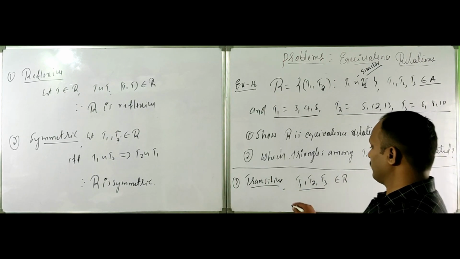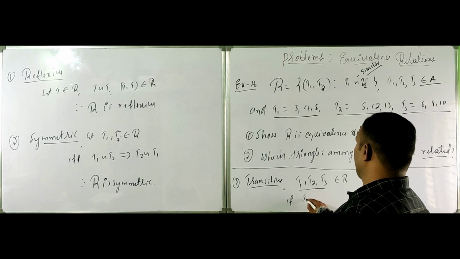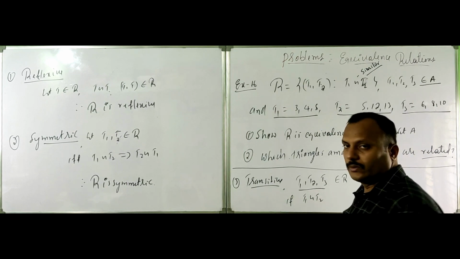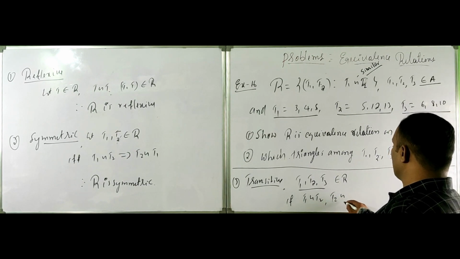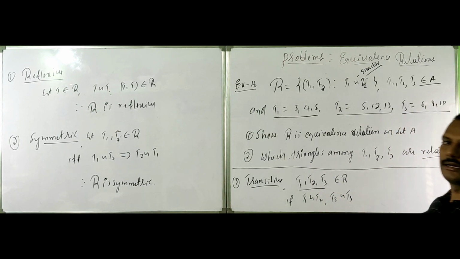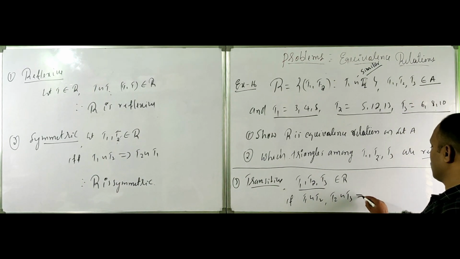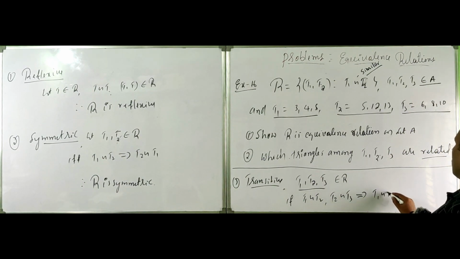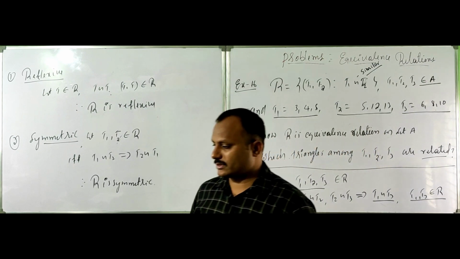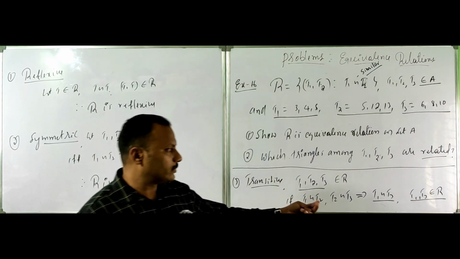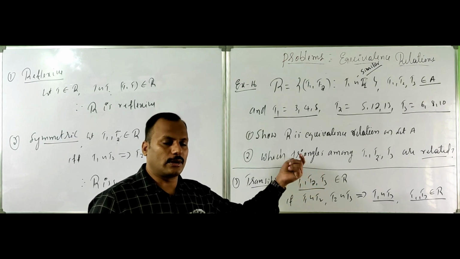If T1 is similar to T2 and T2 is similar to T3, this implies that T1 is similar to T3, because T1 and T3 belong to R. Here we cannot define this differently because if 1 is similar to 2 and 2 is similar to 3, then 1 and 3 are always similar.